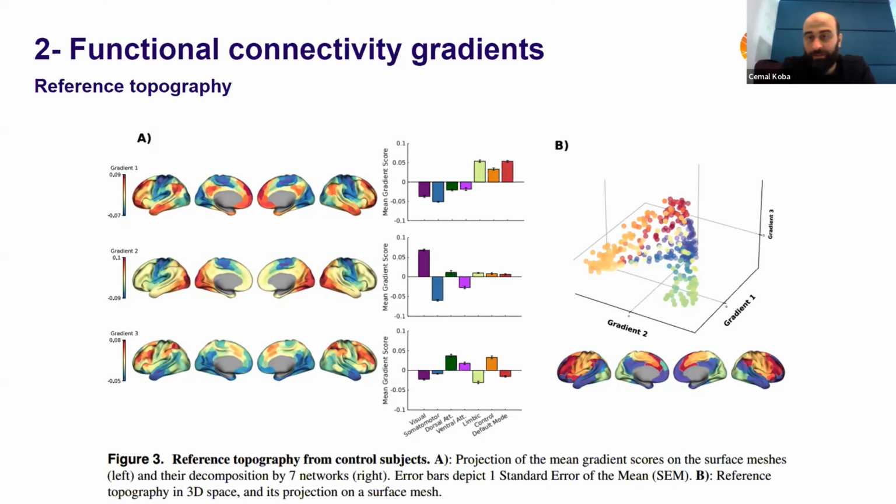And the idea was to go ahead and create this for each stroke subject and calculate the difference between each node, each region, Euclidean distance between each region to the stroke subjects and the reference topography.